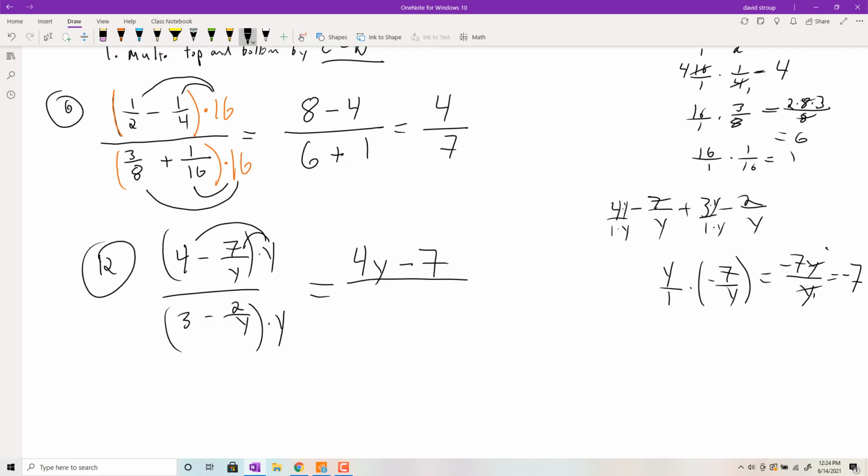Then this guy, y times the 3 just gives you the 3y, and for similar reasons, you just get minus 2. If you don't believe me, y, which is the same as y over 1, times negative 2 over y will be negative 2y all over y. Then the y's will cancel, and you just get negative 2. Okay?